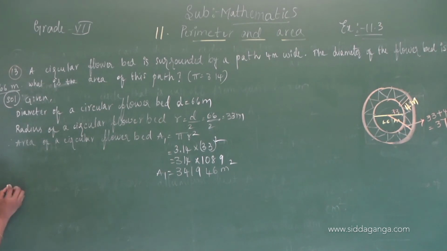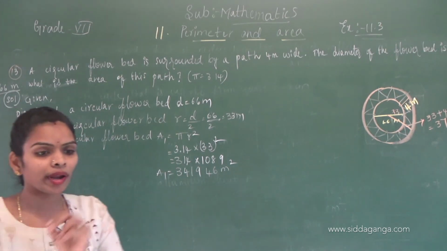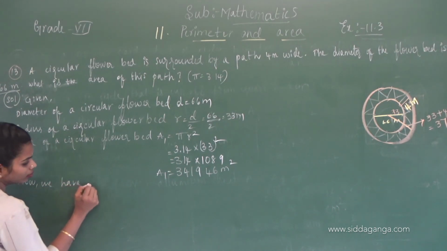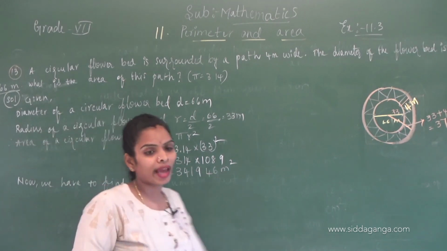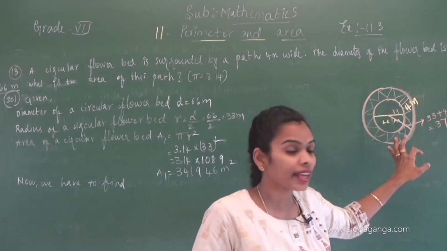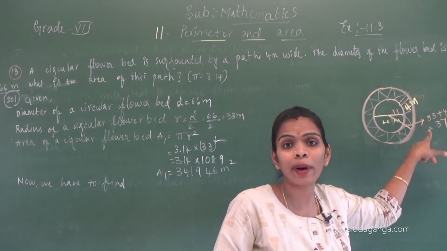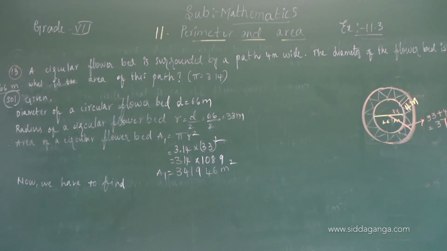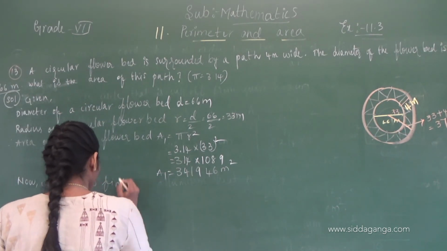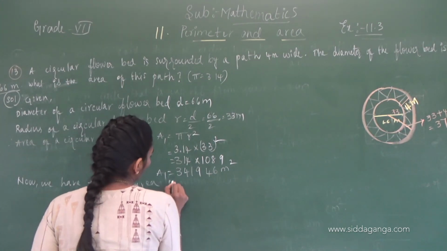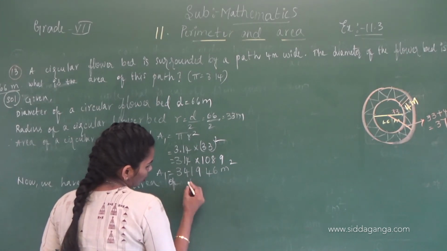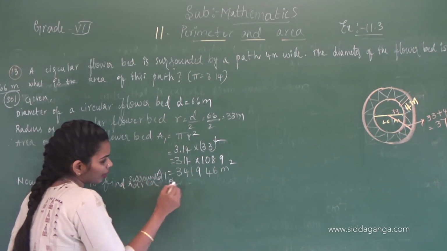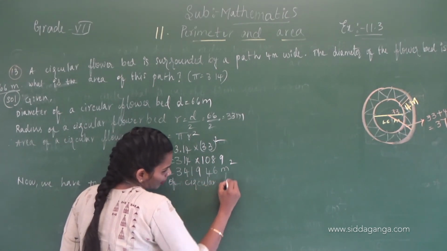Okay, next, what we have to find now is the area of the path surrounding the circular flower bed.